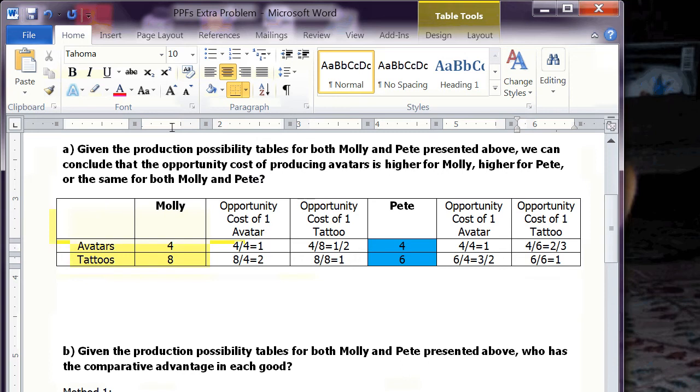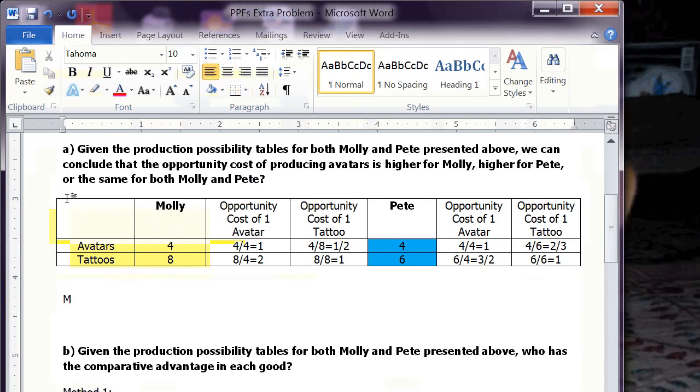And so we go back to the original question, and they're asking who has the higher opportunity cost for producing avatars. So if we look at the two columns that are both titled opportunity cost of one avatar, we see that the opportunity cost for Molly of producing one avatar is 2, and the opportunity cost of producing one avatar for Pete is 3/2, and 2 is greater than 3/2.